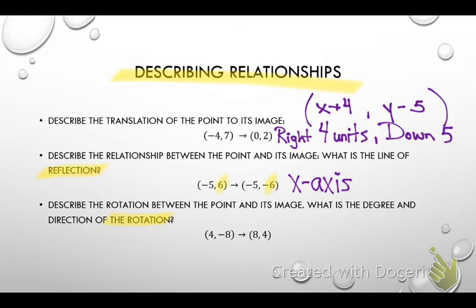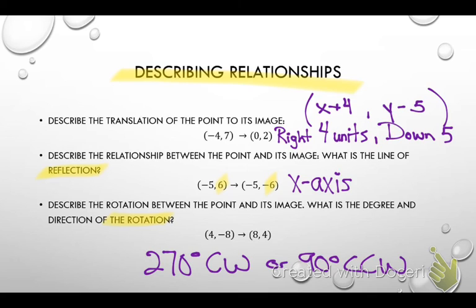Okay, so he said 270 clockwise, so that would mean that I was doing the opposite of the y value. Am I doing the opposite of the y value? Okay, so he's exactly right. It could be 270 clockwise, or it could have been 90 counterclockwise. And we just abbreviate that because that's a really long word to write.